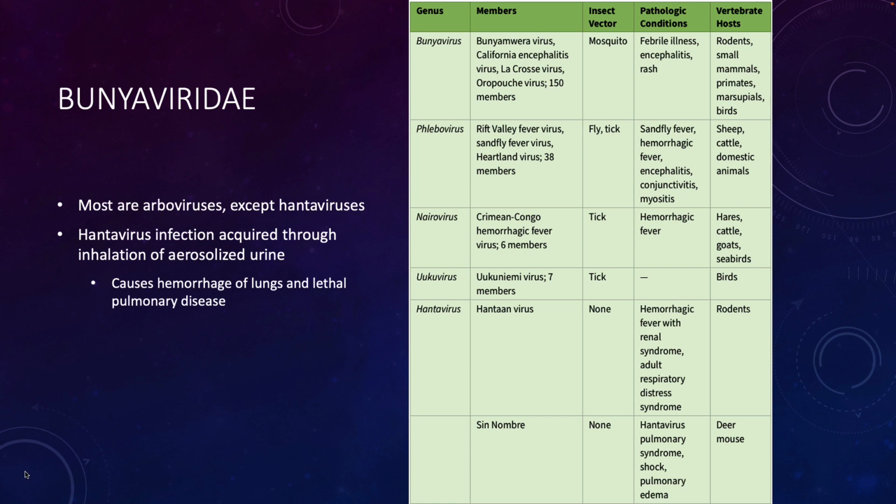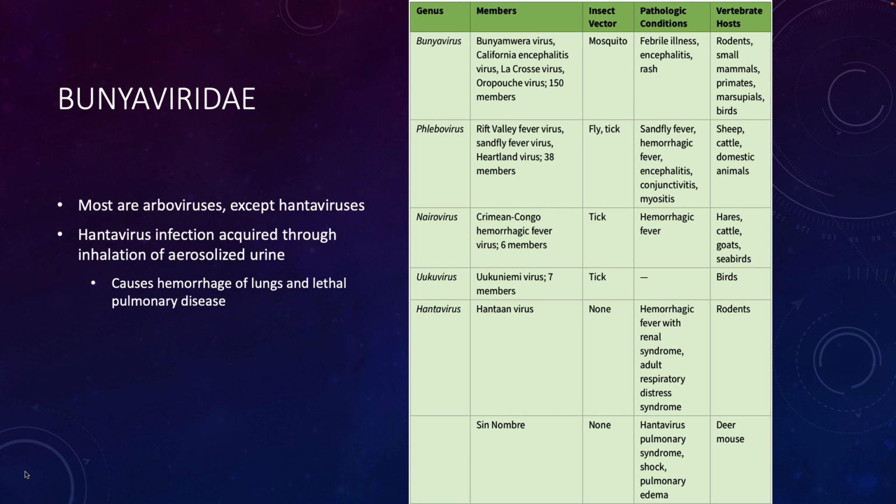A couple that I want to point out that you might start hearing about more in the future are things like La Crosse virus, that's here in the US, and the Heartland virus, which is also in the US. They're not common yet. We don't know a lot about them, but they're starting to become more common.